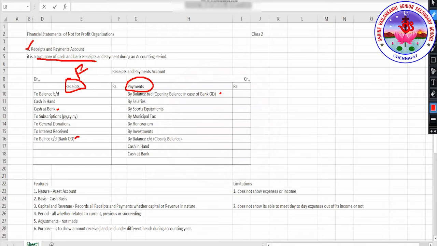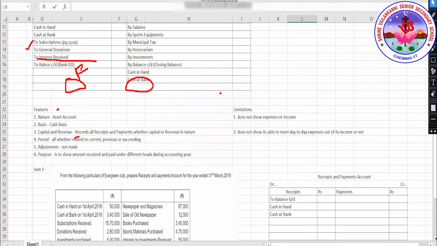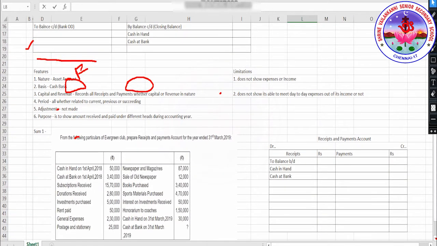So we are going to discuss the features of the receipts and payments account. You have the various features. First, nature. What is the nature of this account?